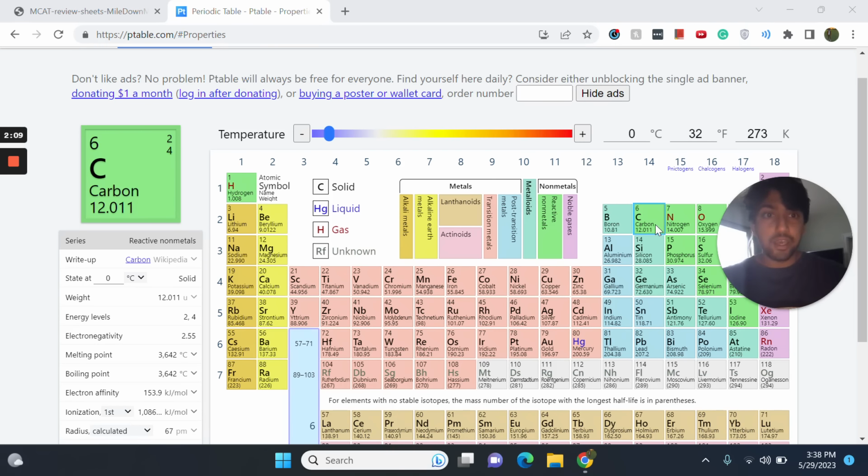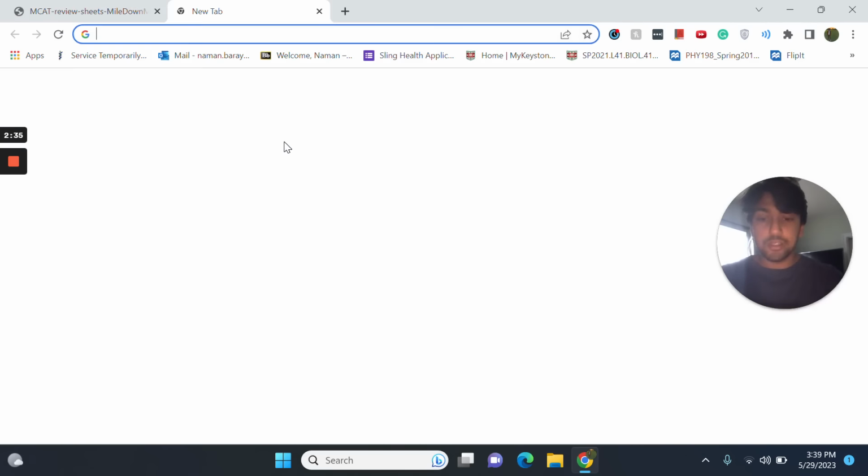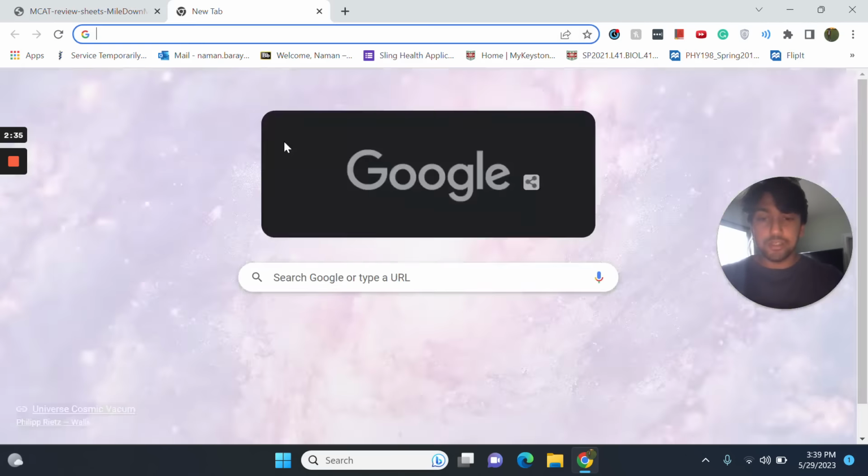Now we're going to look at the scientists' contributions. The first is the Rutherford model, in 1911, and he did a really cool experiment where he took alpha particles, which are radioactive substances, and shot them through a gold foil really quickly.